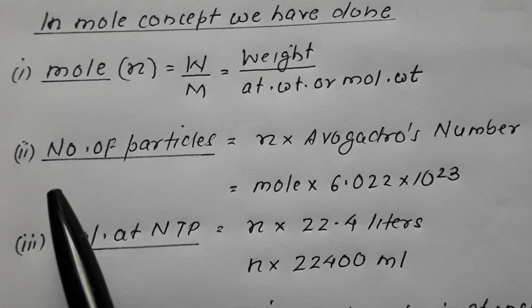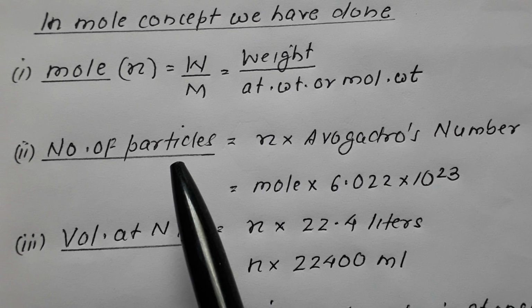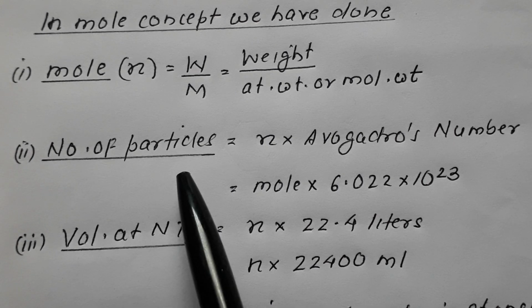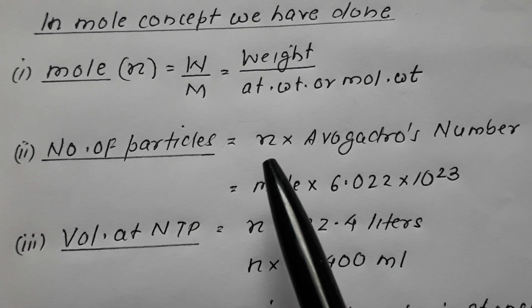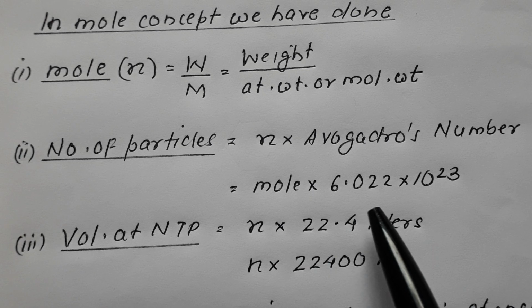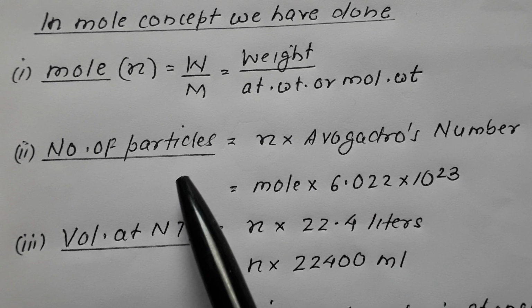Now we have done the number of particles. These particles could be atoms, molecules, or ions. So the number of particles is equal to n into Avogadro's number, that is mole into 6.022 into 10 raised to 23.